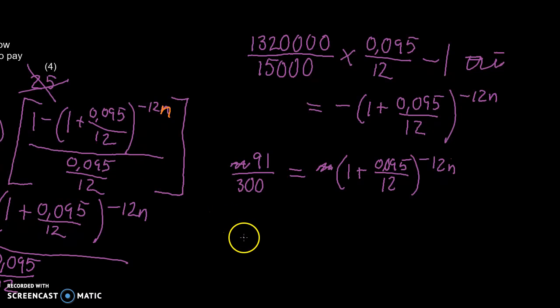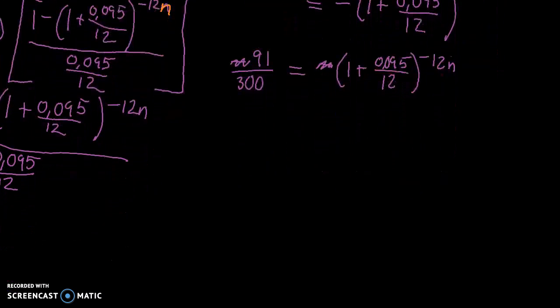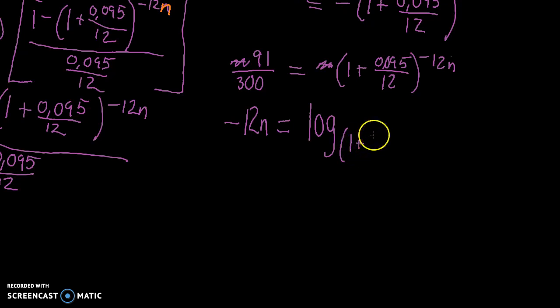And now I get to play with logarithms, don't I? Let's move down just a little bit over here, and let's rearrange things so that I have my exponent equal to log, and down at the bottom, let's put it in brackets, 1 plus 0.095 over 12, and up here 91 over 300.